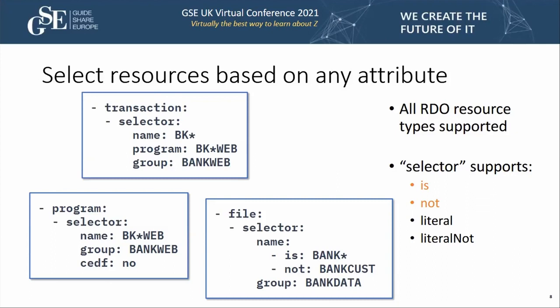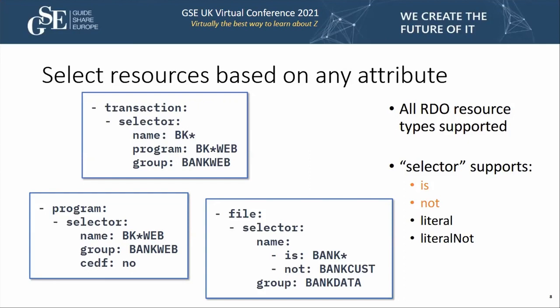On the bottom right, we see a slightly more advanced syntax, if you like. We're selecting a file here, and this time around we've said the name attribute. And underneath the name attribute, instead of just specifying a value that we expect to select on, we've broken that out into a set of selector items.